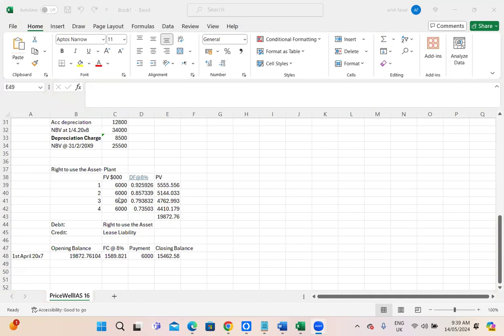So here we go. It's going to be exactly what we found right now. I'm just trying to verify the figures for you also, so you understand how those figures in the trial balance have been derived.